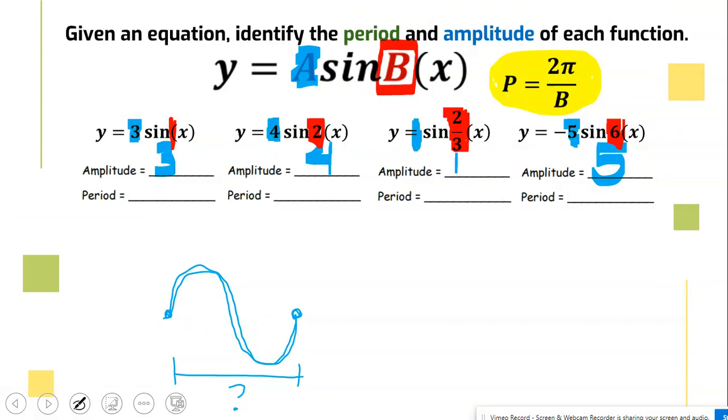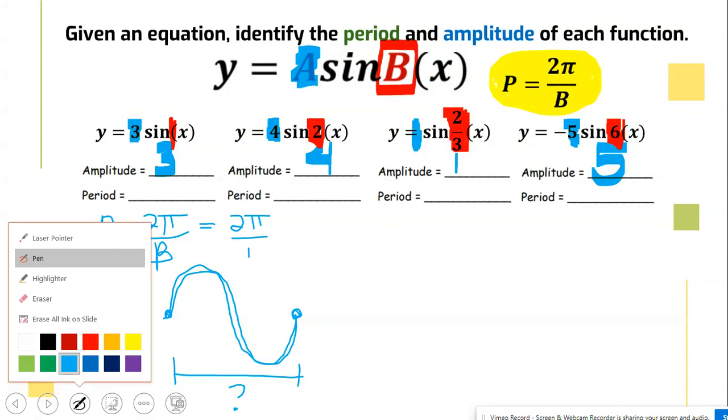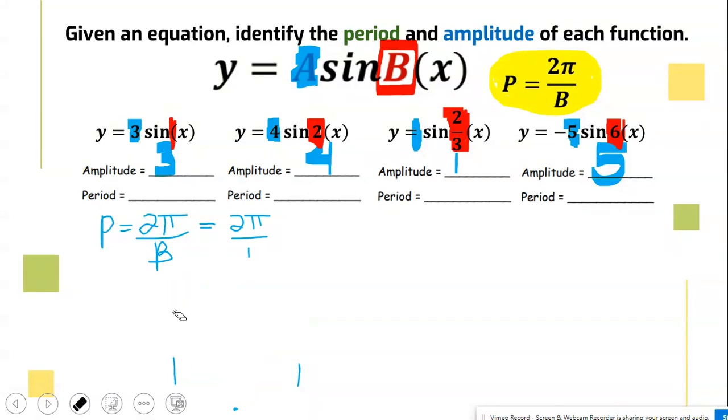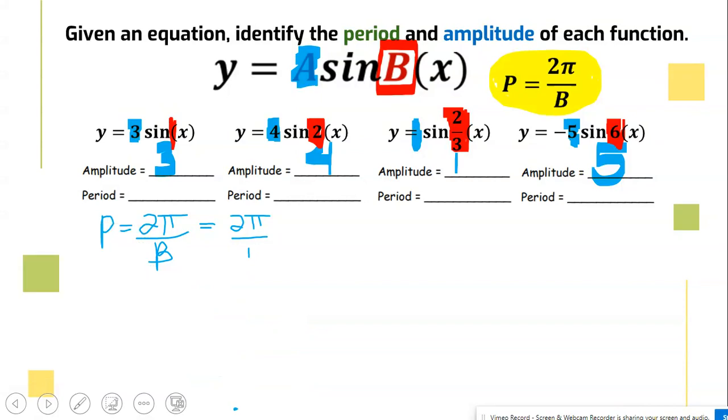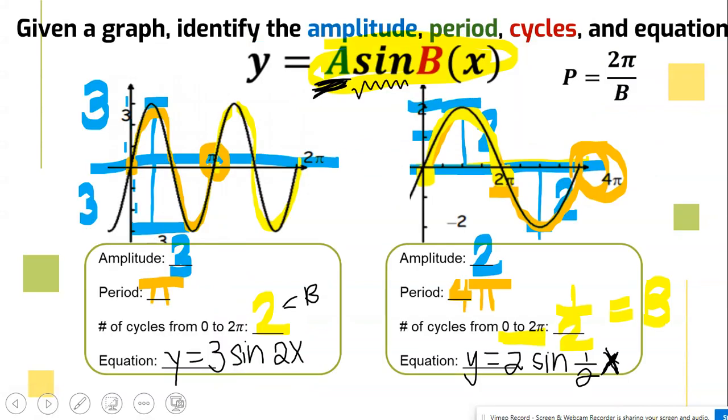If we want to find P, it's going to be equal to 2 pi over B. And in this first equation, there's no number in front of x, so B is equal to 1. So P is equal to 2 pi over 1, or that's just going to give us 2 pi.